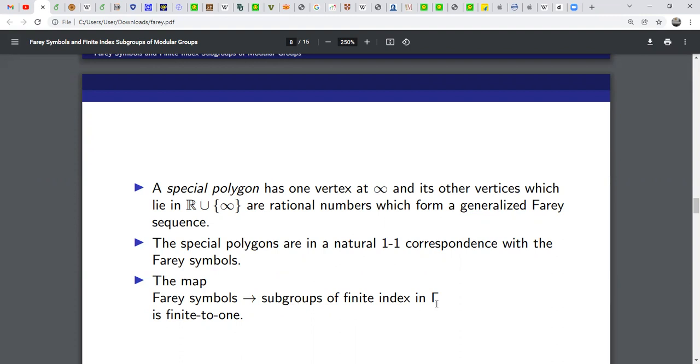That is, given a generalized Farey symbol, there exists a subgroup of finite index in gamma, but due to the various choices involved, not every subgroup of finite index in gamma corresponds to a unique Farey symbol. More than one Farey symbol can determine the same subgroup of finite index of the modular group.